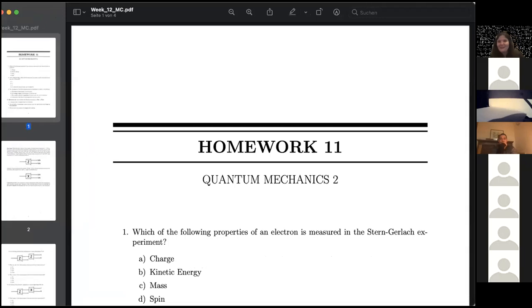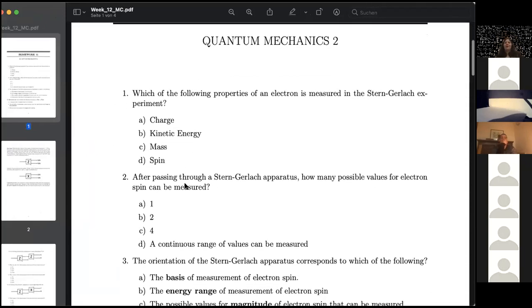So the first one was, which of the following properties of an electron is measured in the Stern-Gerlach experiment? We were talking about it the whole time. It is spin.